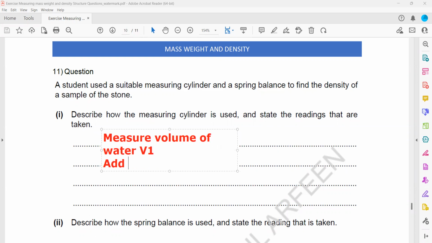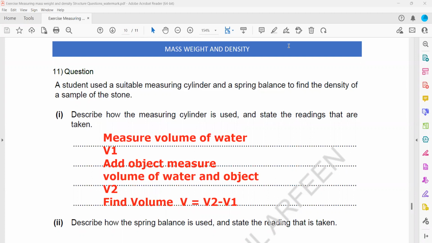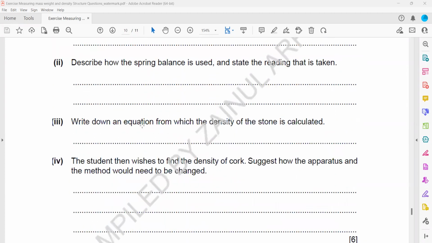Then we will add the object and measure the volume of water with the object, that is V2. And then we will find the volume, which is equal to V2 minus V1. And look perpendicular.